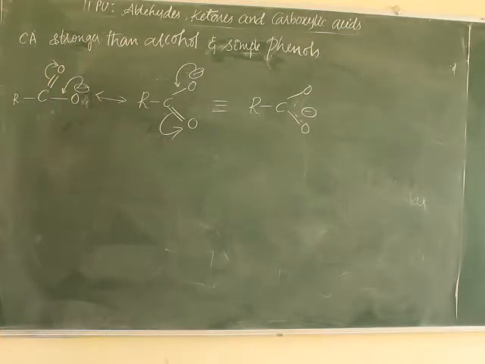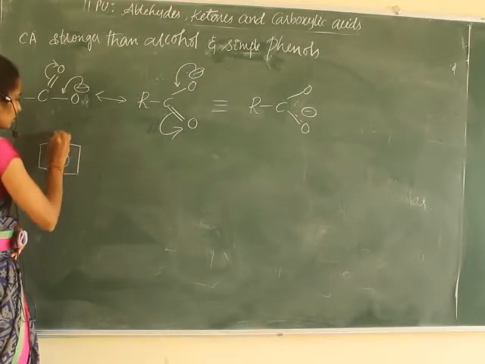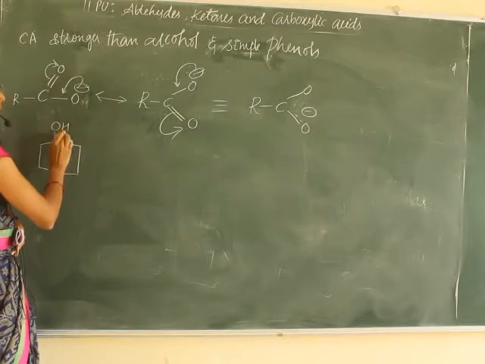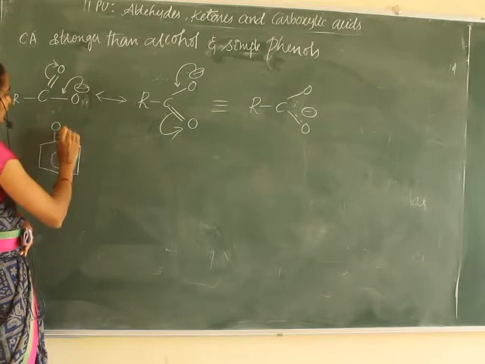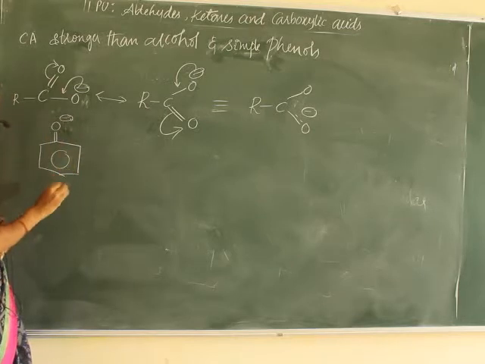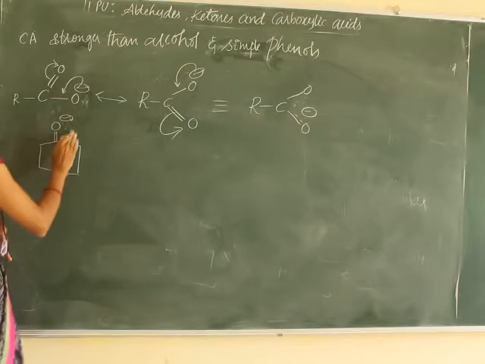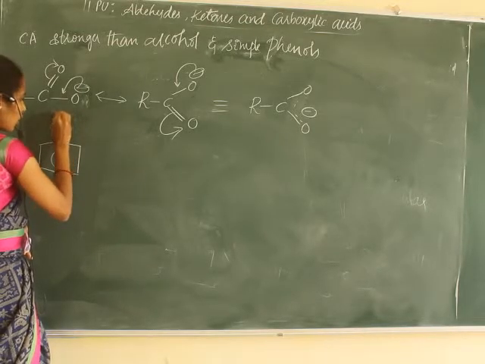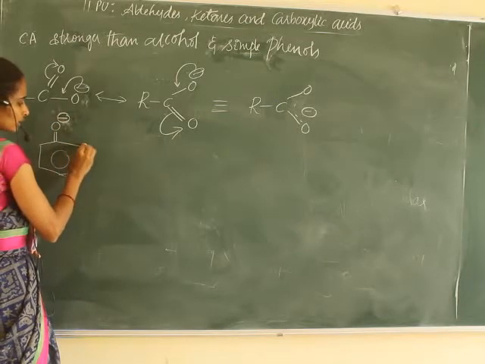That is one thing. But if we consider phenols, in phenol, the phenoxide ion formed, that is if we remove hydrogen, is resonance stabilized, but the negative charge is on the oxygen atom and also on the less electronegative carbon atom.